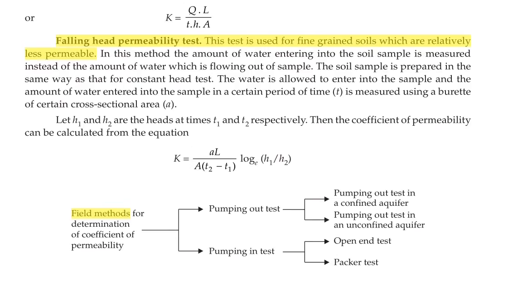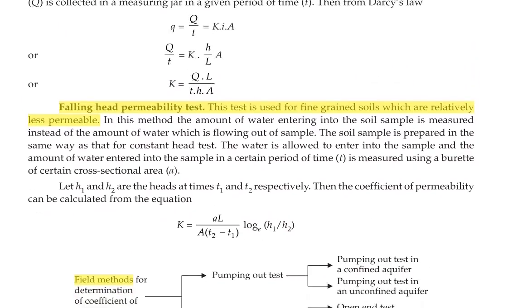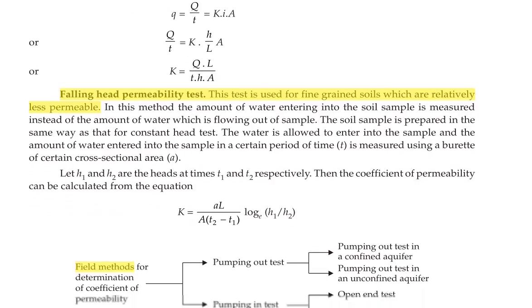The formula for finding the coefficient of permeability in falling head permeability test, K is equal to (a L) divided by (A into (T2 minus T1)) into log e base H1 divided by H2, where T is the period of time and small a means burette cross-sectional area, capital A means cross-sectional area of the sample, and H1, H2 are the heads at times T1 and T2 respectively.